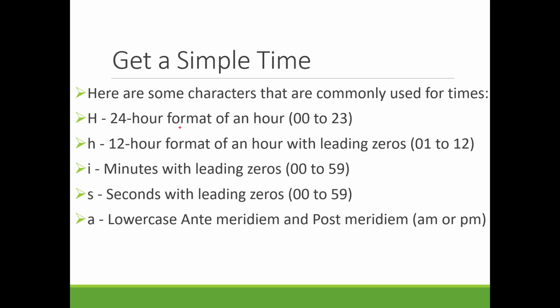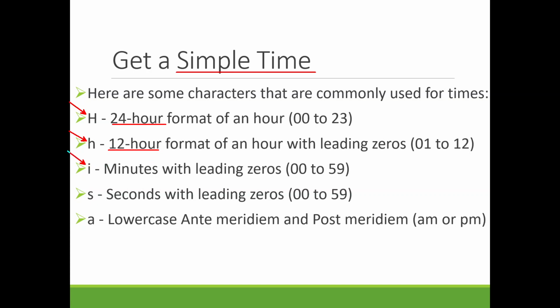Otherwise, other than date, we can also get simple time using the date function. To get the time, these are the characters that we use. H for hour. In this case, it is 24 hours when you use uppercase H. Otherwise, if you use lowercase h, then it gives you the 12-hour format.